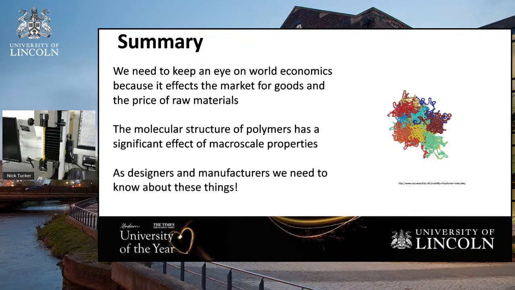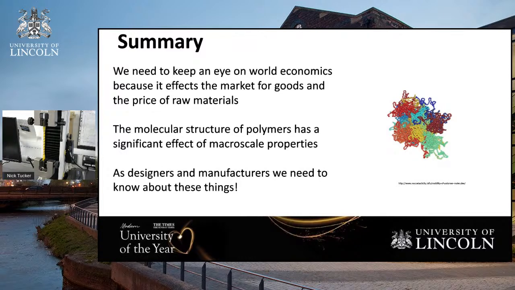So in summary, as engineers, we need to keep an eye on the outside world because awkward things are going to happen that will affect our supply of materials and the market we're selling into.